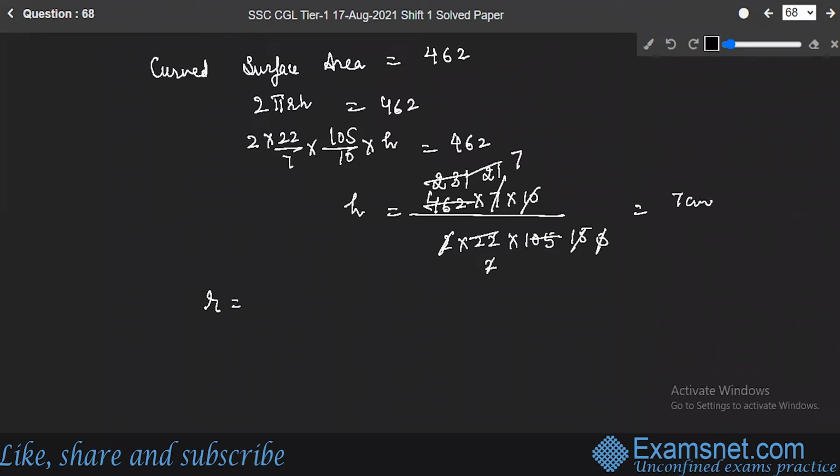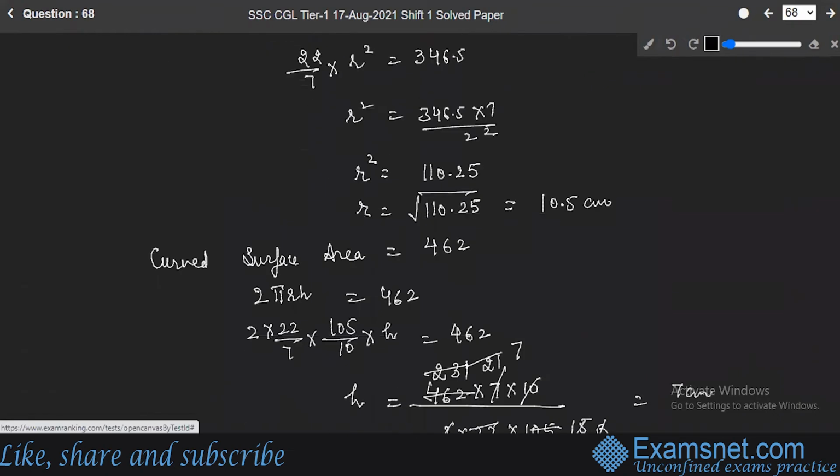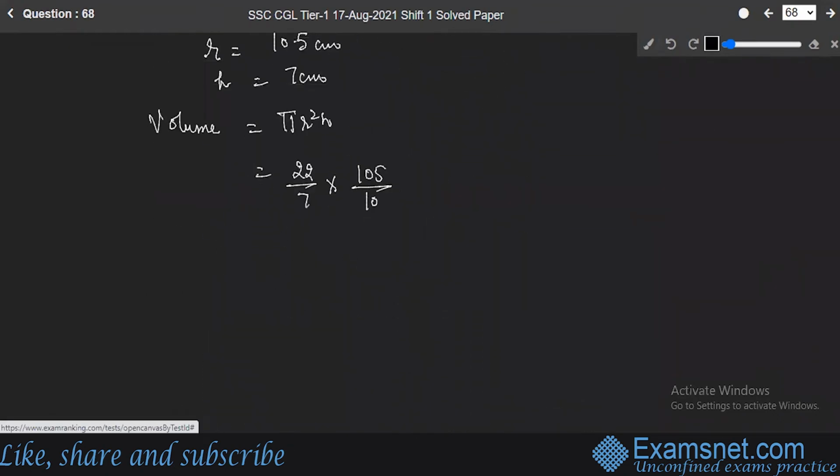Now you know the radius. Radius was 10.5 centimeters. Height 7 centimeters. You have to find out the volume. The volume formula is pi r square h. Let's fill in the values now. So 22 by 7, r is 10.5. Sorry, here should be this into 10.5 into h.